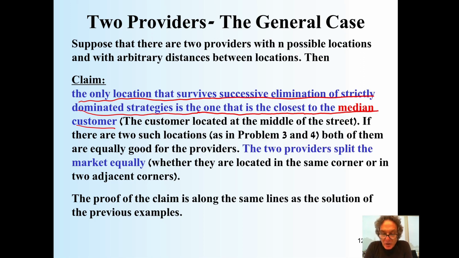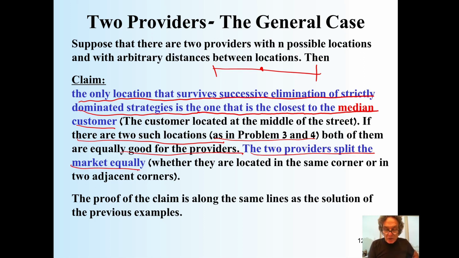The customer located at the middle of the street. If I have a street here, this is the middle, the one that sits at half. If there are two such locations, as in problems 3 and 4, both of them are equally good for providers. The two providers split the market equally.